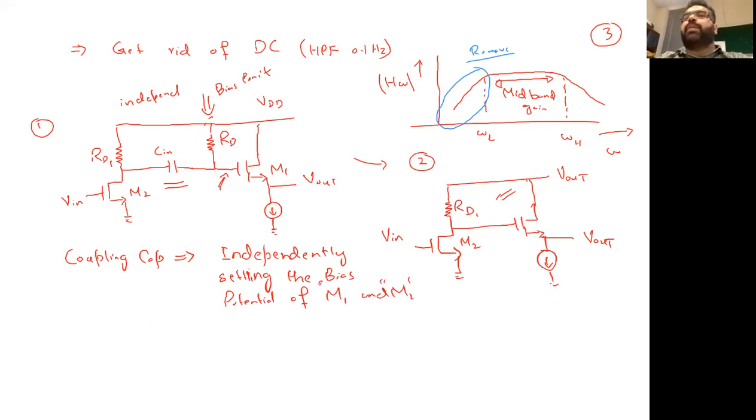Why? Because a capacitor blocks the DC value. So no DC is going to be forwarded here, and I can easily set the value and have freedom over M1. Whereas in circuit 2, I don't have that freedom.